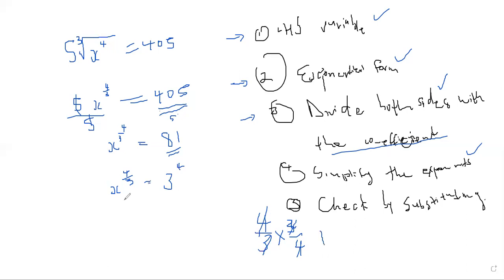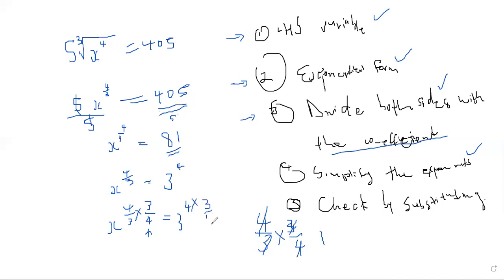In maths, what you do on the left hand side, you must do on the right hand side. So we multiply x to the power of 4 over 3 by 3 over 4. If it was 1 over 2, we'd multiply by 2 over 1, so we just swap the numerator and the denominator. Since we multiplied this side by 3 over 4, we also multiply the other side by 3 over 4.